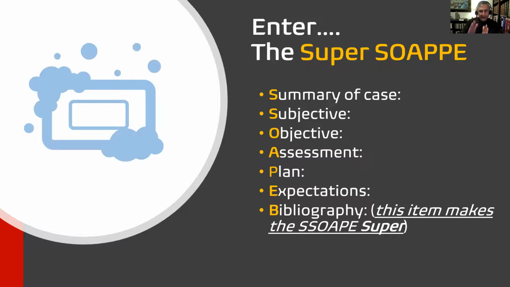And it is that last element, the bibliography, where the student or resident went to PubMed or Google Scholar, and they were able to find something recent, relevant, applicable to the case, and then they can briefly discuss that. And then that holds everything together.